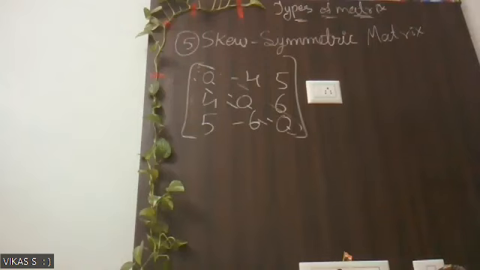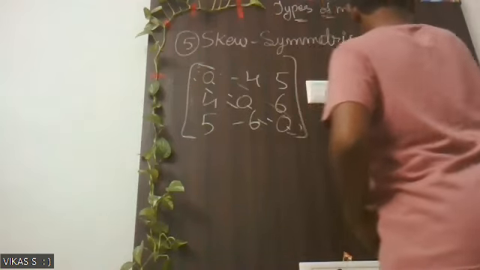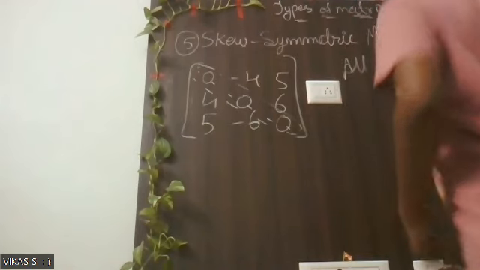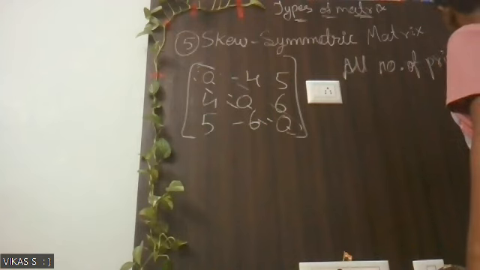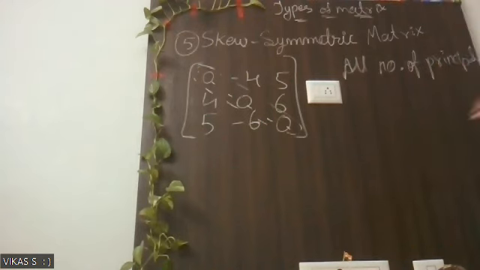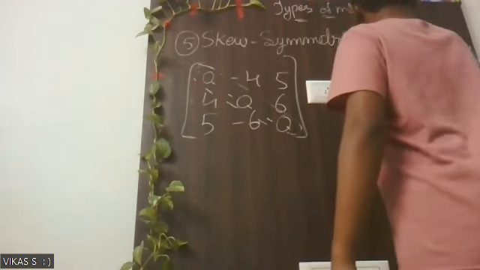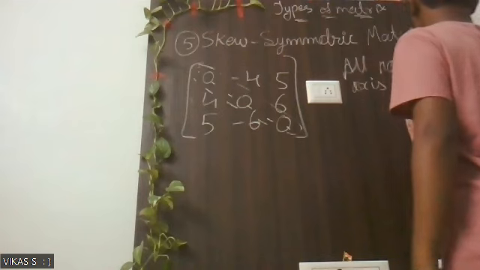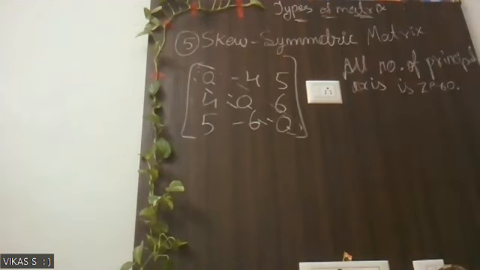So the definition in my words: all numbers of the principal axis are 0.